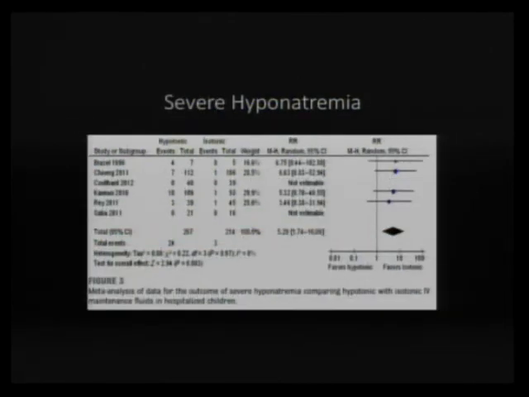What about severe hyponatremia? They found the same thing. Pooled analysis showed that hypotonic IV maintenance fluids also significantly increased the risk of severe hyponatremia, with a relative risk of 5.29, 95% confidence interval, and a p-value of 0.003.